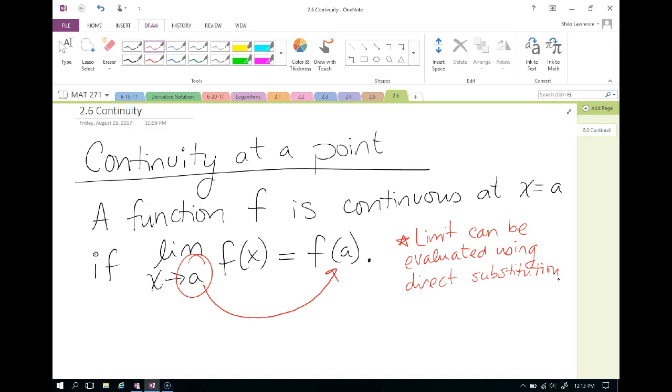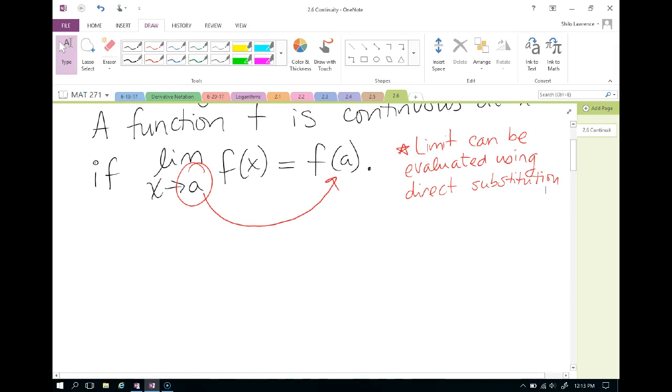So this definition actually breaks down into several pieces. There are several things that have to be happening in order for this definition to be true. So we actually break this down a little bit further, and we have some criteria for continuity.